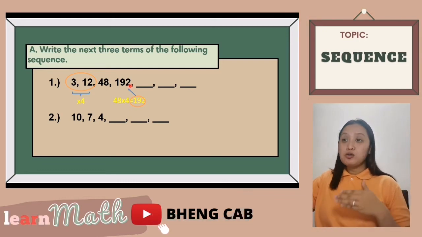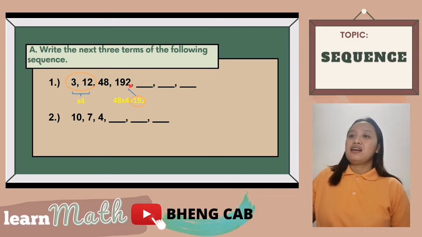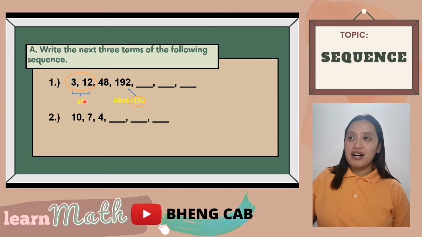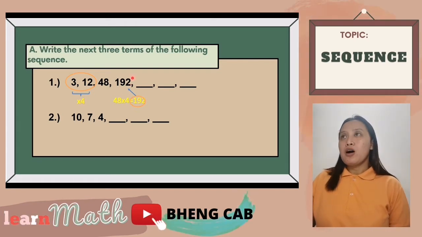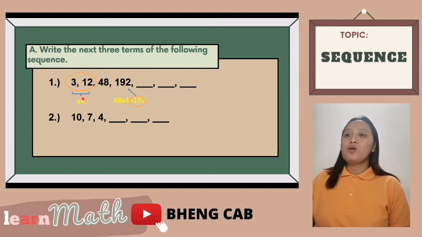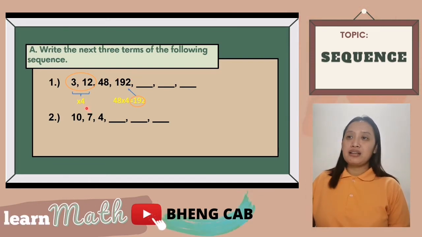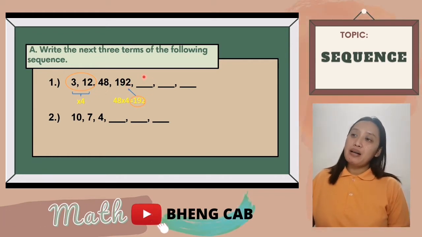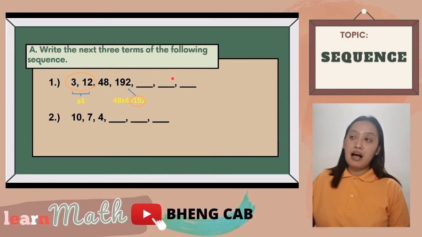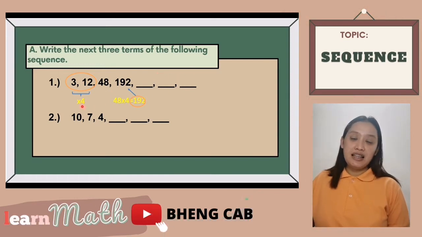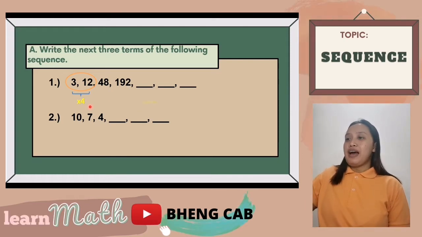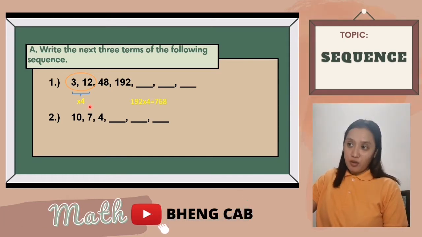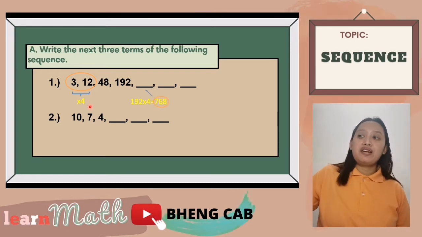That means to say, true din ang pag-multiply ng 4 ay ang ating trend. So, dahil nga naging true or tama ang naging pattern ng times 4 sa bawat terms na to, that means to say, para mahanap natin ang pang-5, pang-6, at ang 7, imamultiply lang din natin by 4. So, that means to say, we have 192 times 4 is equal to 768.